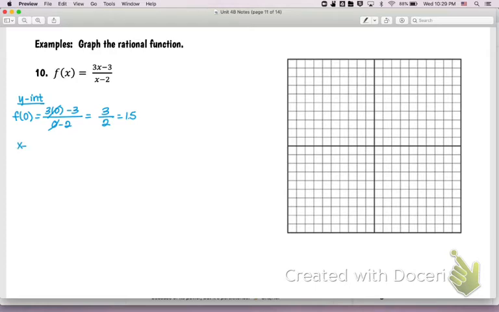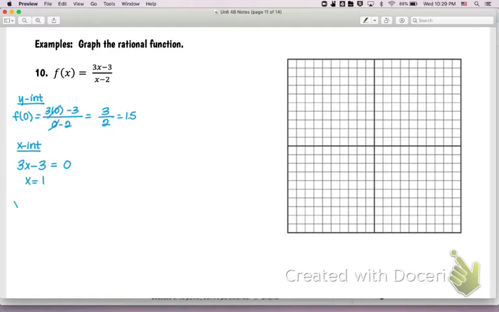Great. X-intercept. Remember, when the bottom of the fraction is 0, that's bad. That's where we get asymptotes and holes and all kinds of other things. So the X-intercept is just going to be where the top of the fraction is equal to 0. And that comes out to be where x is equal to 1. That's our X-intercept.